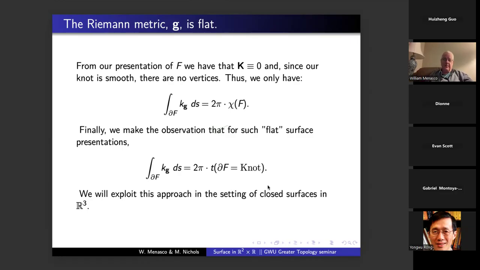Usually I did it the way our participant did it, in terms of looking at a disk with handles on it and doing an alternating sum. But we want to exploit this way of thinking about the Euler characteristic of surfaces for looking at closed surfaces in R3.